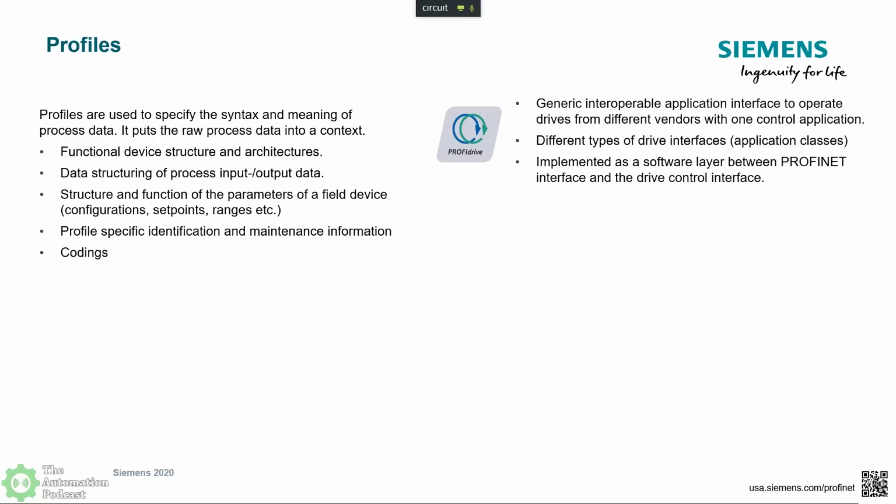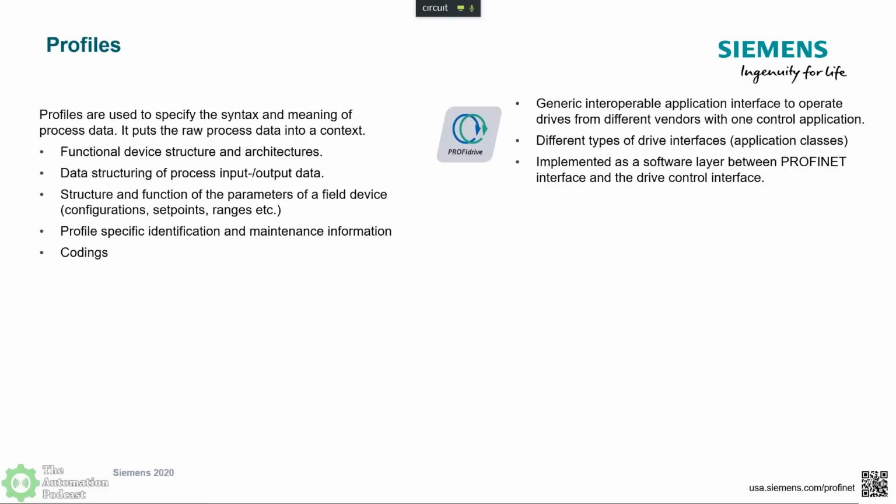One of those profiles is the PROFIdrive profile. PROFIdrive is used for motion control drives, and it sits on top of PROFINET. You can say you have a PROFIdrive part on your drive, and you have a PROFIdrive part on your I/O controller.